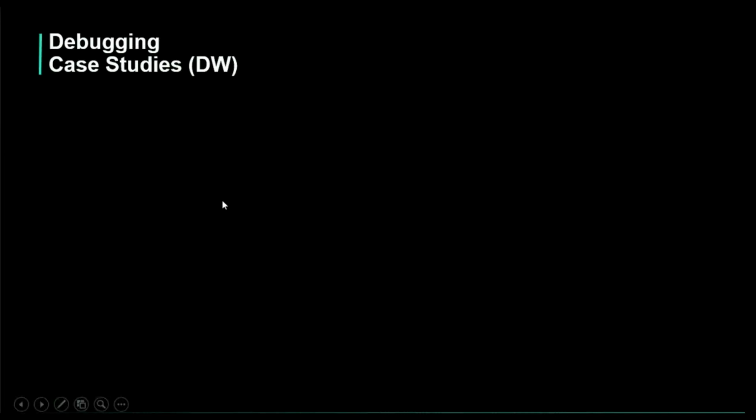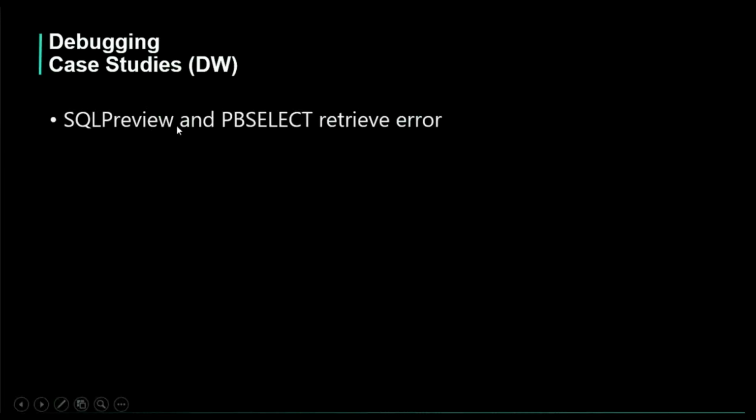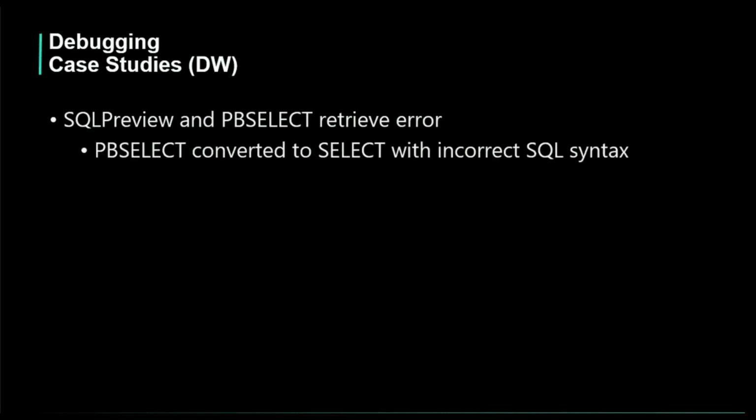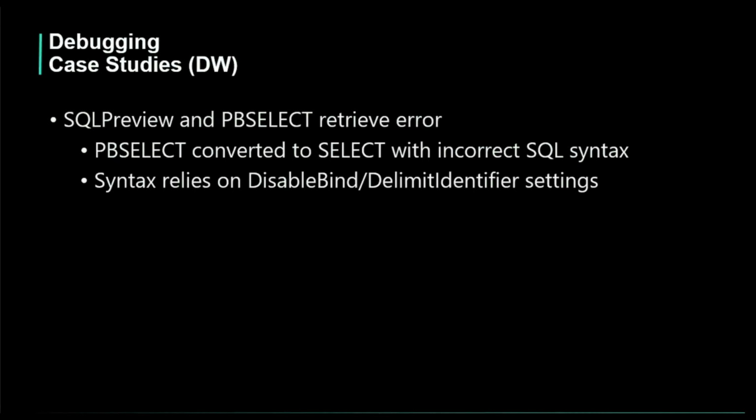Last, the SQL preview event, which is executed at the client side, converts PowerBuilder select to select syntax. The event may cause the client to crash or arrive at incorrect SQL syntax, especially if the syntax relies on the disable bind and the limit identifier settings in the dbparm transaction object property.